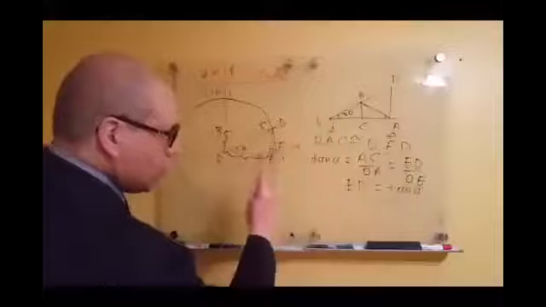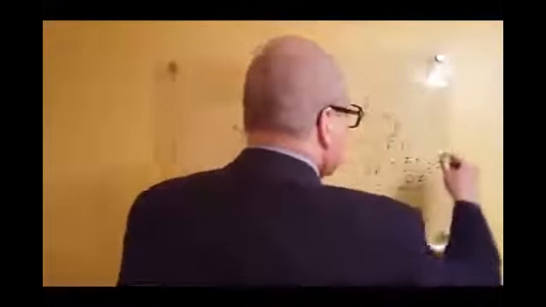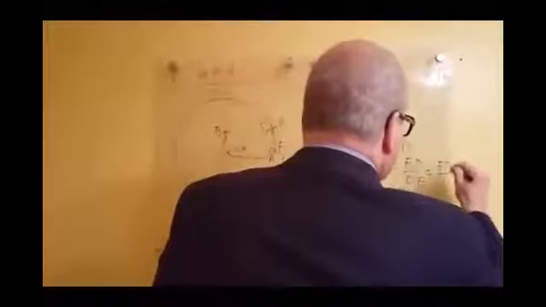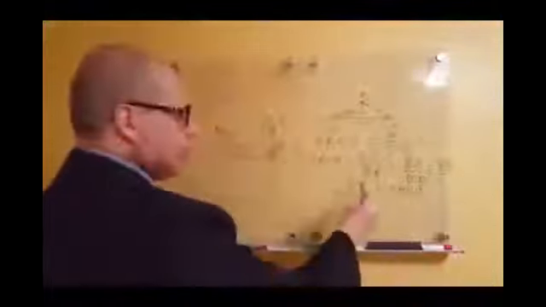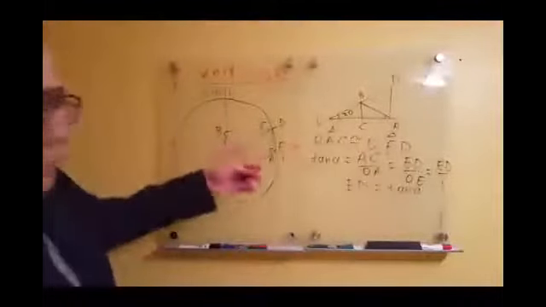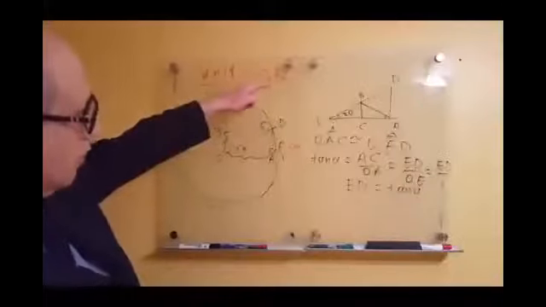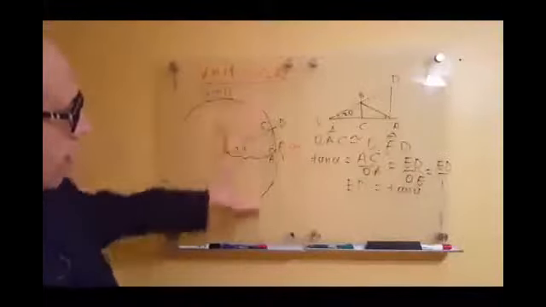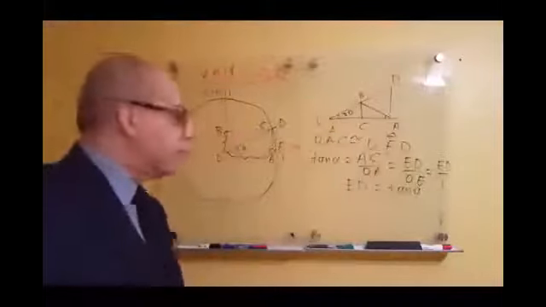It is the radius of the circle, so it is equal to 1. So you have ED over 1, which means that it is ED. That's how you prove that the extension of this line, with the intersection of the green tangent line, gives you the tangent of the angle.